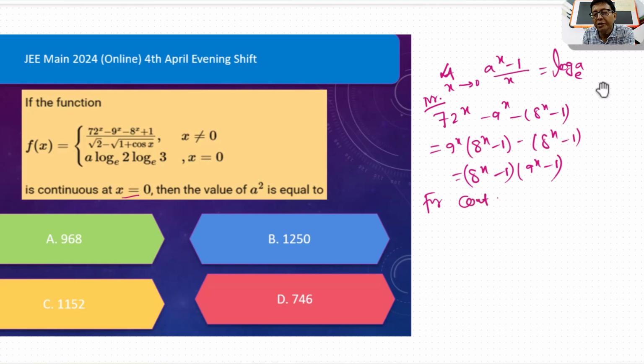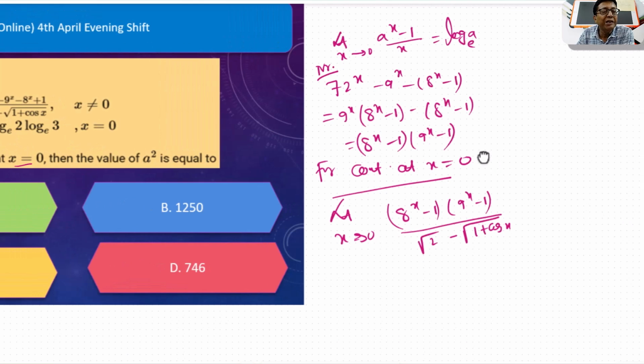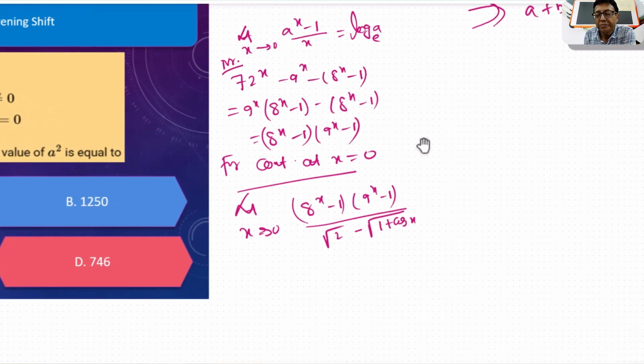For continuity at x equal to 0, limit x tending to 0, the numerator is already factorized, this by the denominator, and this must be equal to a into log 2 log 3.